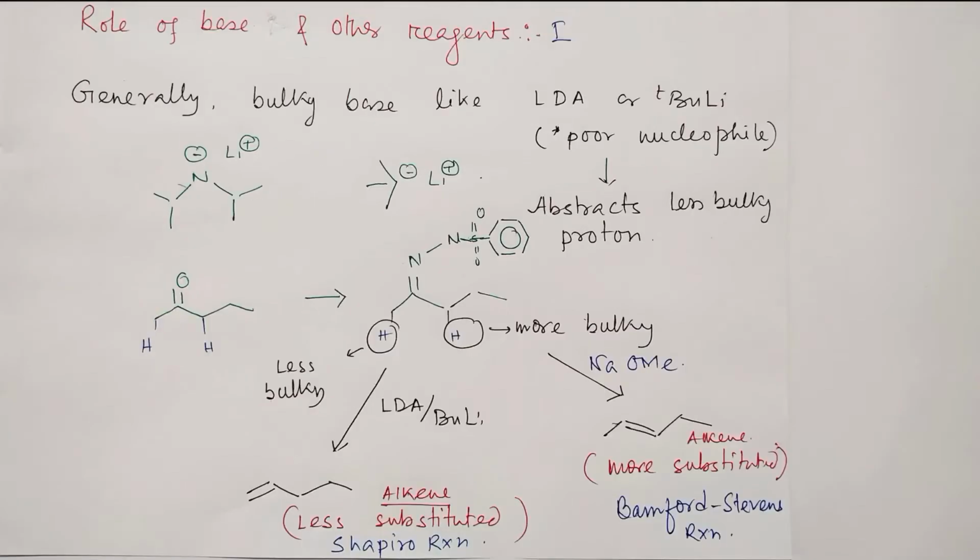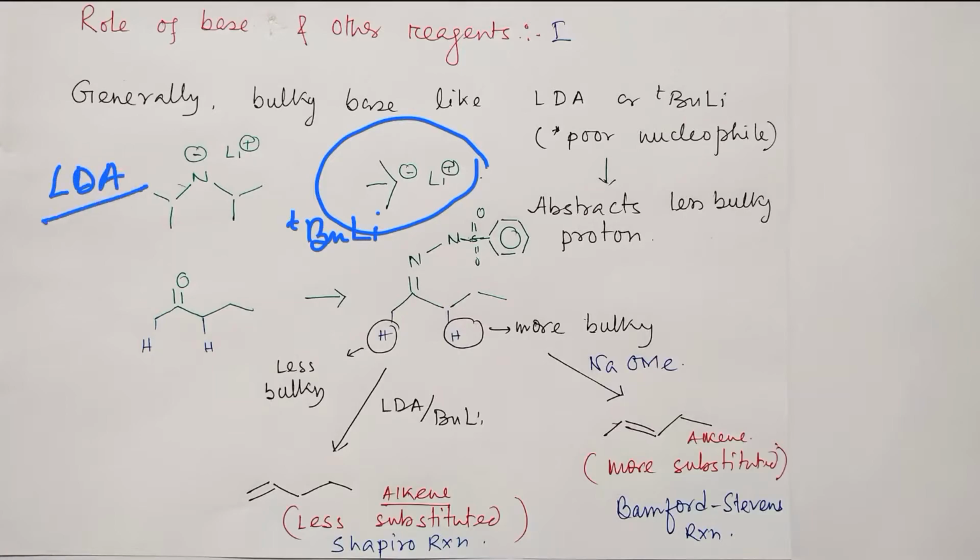Now let's discuss a little bit about the role of reagents, because it will help us learn in more detail. Generally for this reaction, butyl lithium, or better to say tertiary butyl lithium, or LDA is used. Why?